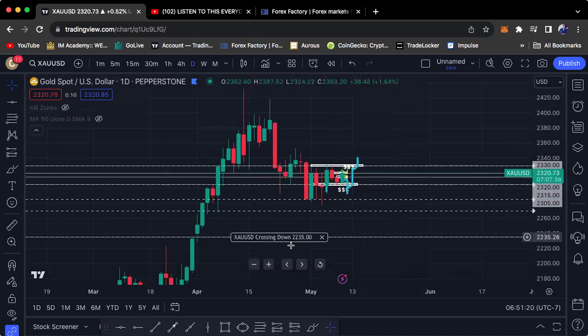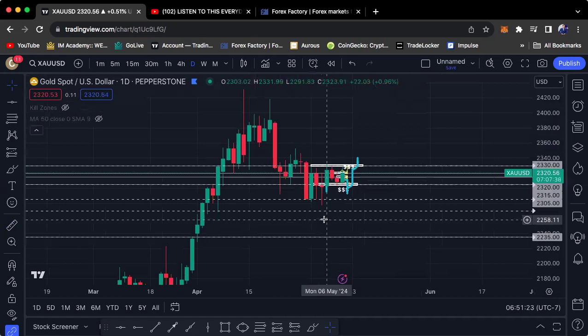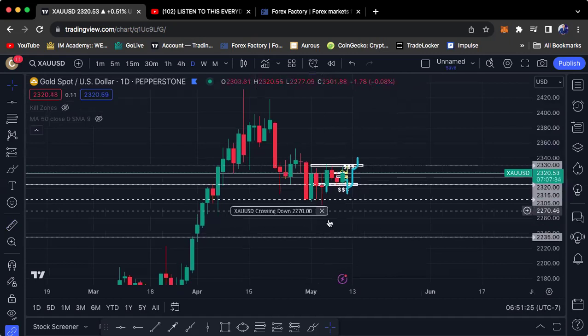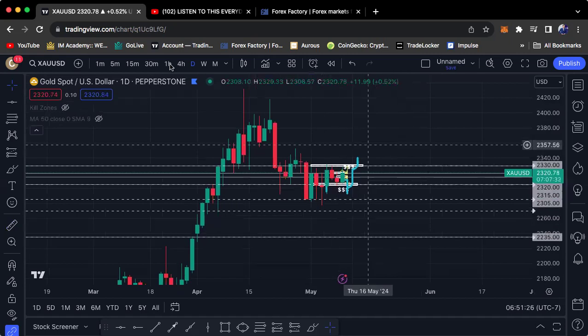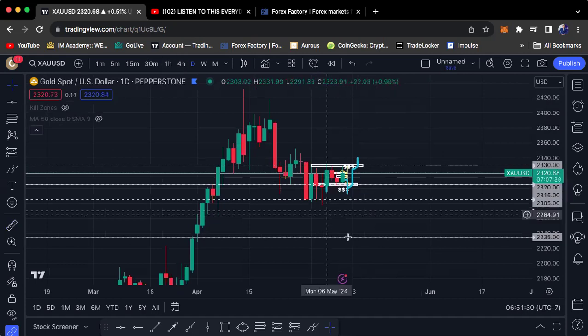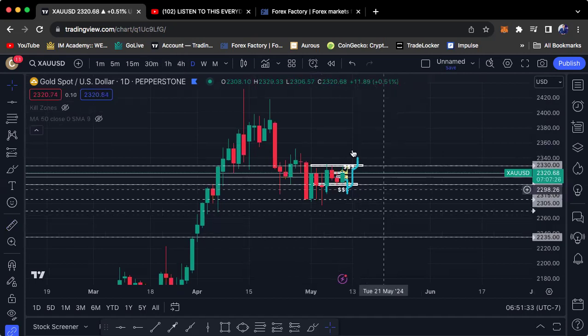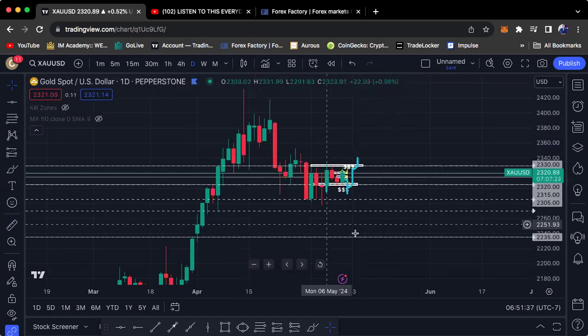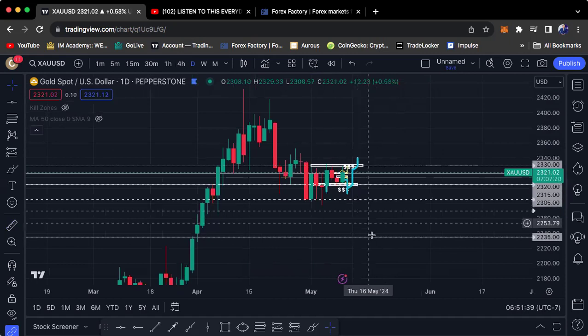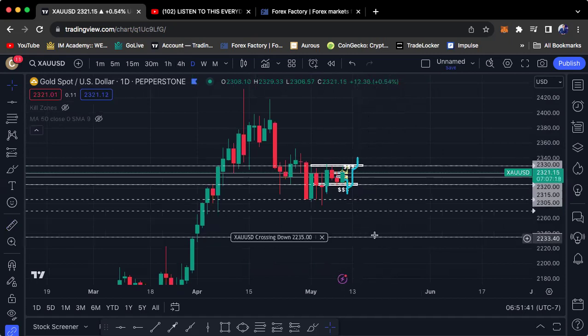But yeah, guys, that's more of a swing move. That's money for sure, man. Or you can just take positions in between. But yeah, that's more of a swing move, and that's gonna take time for it to come down to 2235 for that buy.